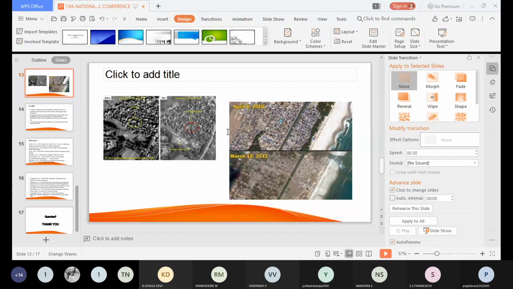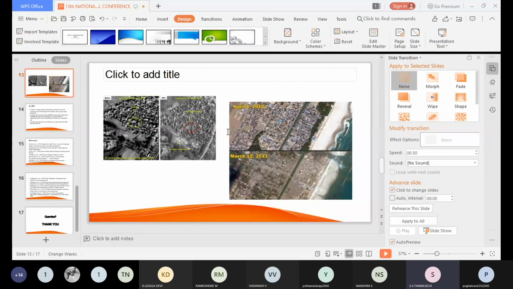Ma'am, we take a survey report only, ma'am. What is the source where you have collected this image then? Sorry, ma'am. What is the source of this image? Through NRSC images, ma'am. Through the NRSC website, ma'am.